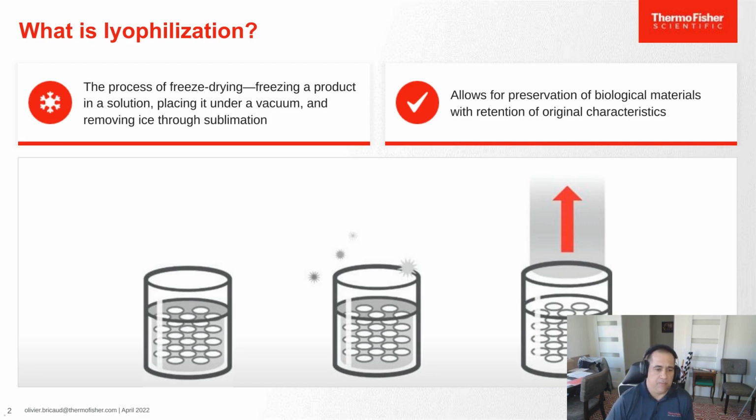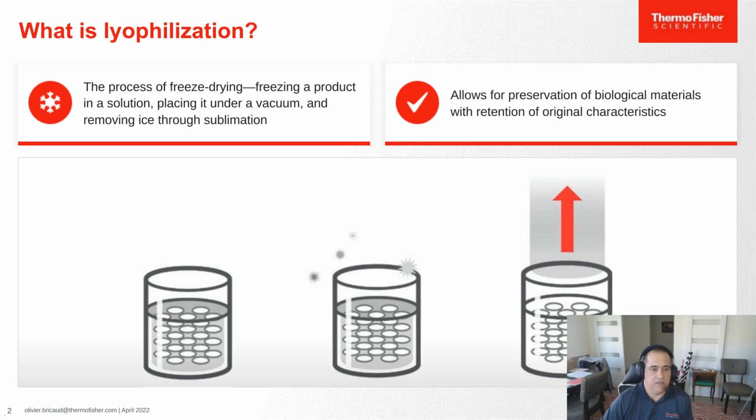Lyophilization is a preservation method, basically done by freezing a product in solution, and then by sublimation, removing the ice and staying with a solid mass that contains the product, and that's very stable.